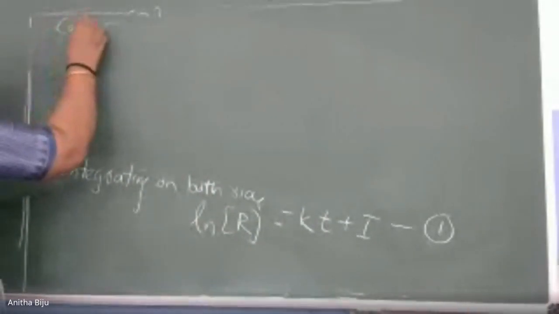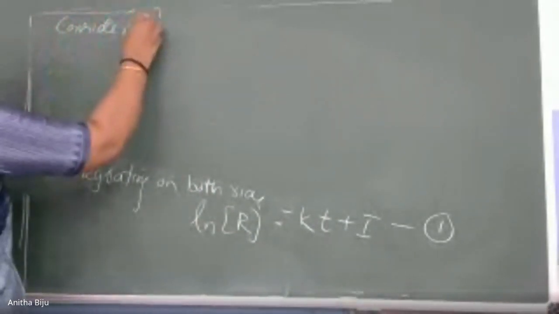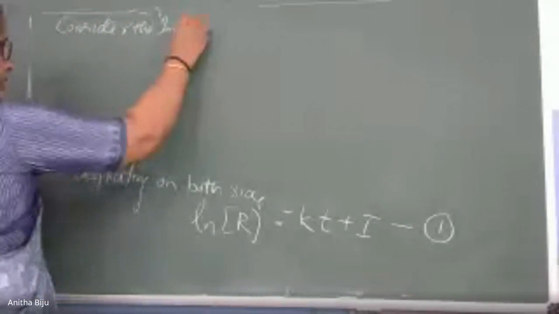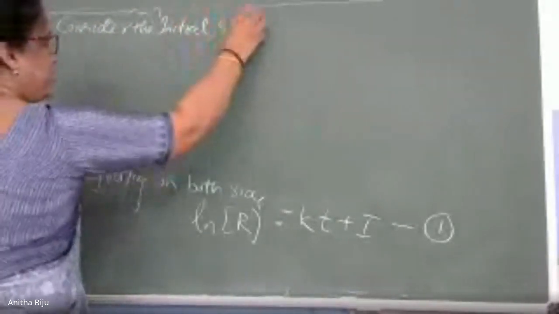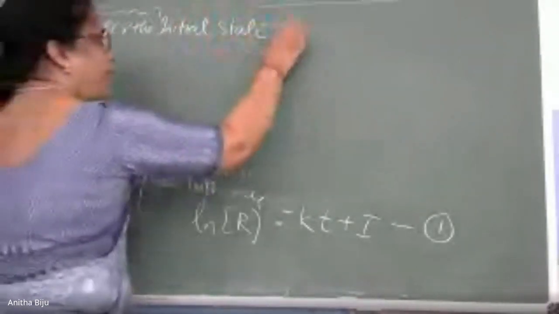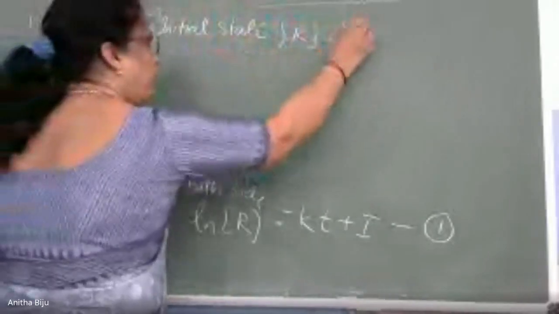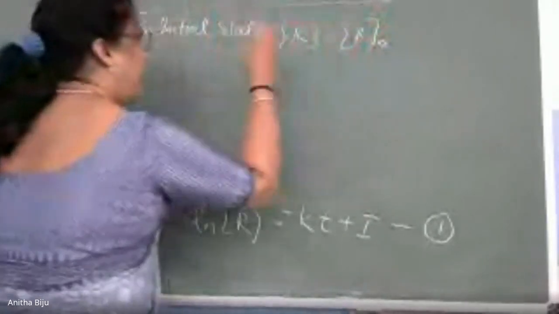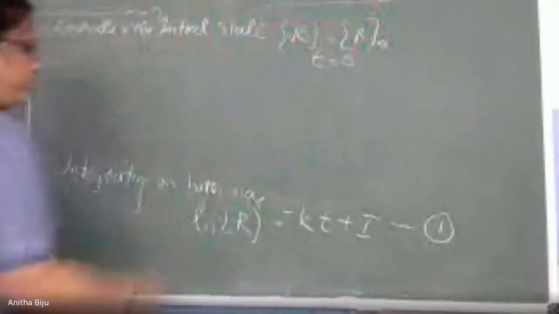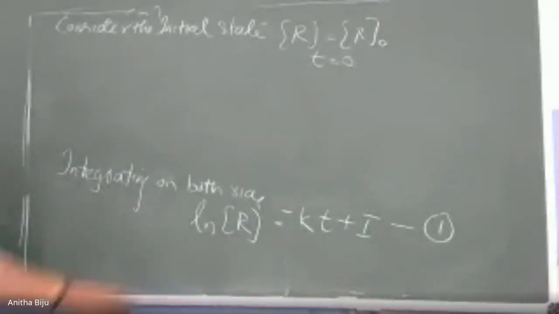Similar to the previous case what we have done, consider the initial state where r is equal to r naught and t equal to 0. Substitute these values in this equation.